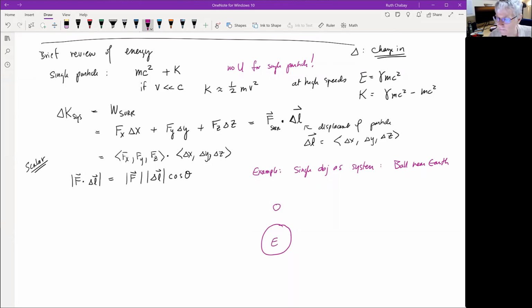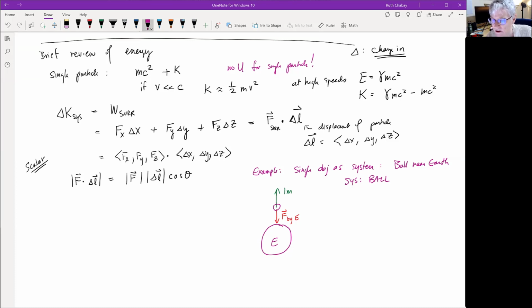The ball travels upward 1 meter while there is a force by the Earth on the ball downward that's approximately constant. And so there is no potential energy because we have a single object, the ball, as the system.